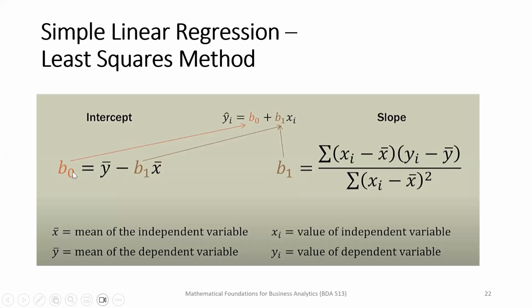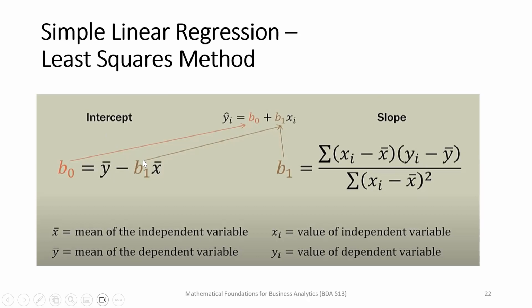But you see that for you to calculate the intercept, you need b1. Therefore, it is advisable to calculate b1 first. Then the value that you get for b1, you plug it in when you are calculating the intercept so that you'll be able to get the value for the intercept. Because without that, you can't calculate the intercept.